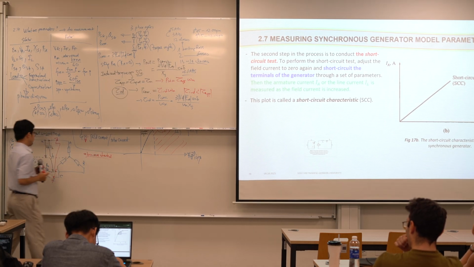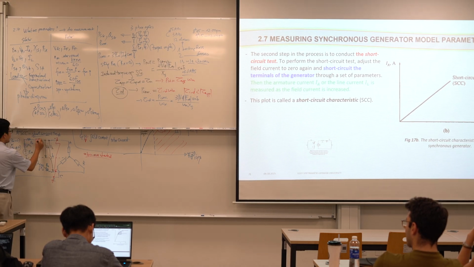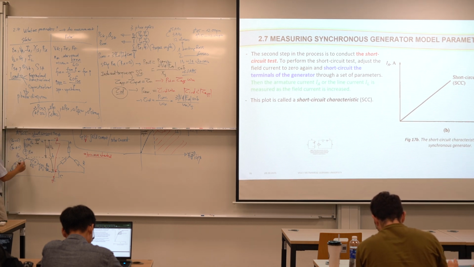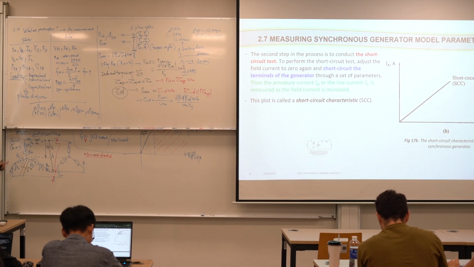And of course, this one we have IA, and we have the rotor, Omega M. If we have the short circuit condition, the rotor is also rotating.